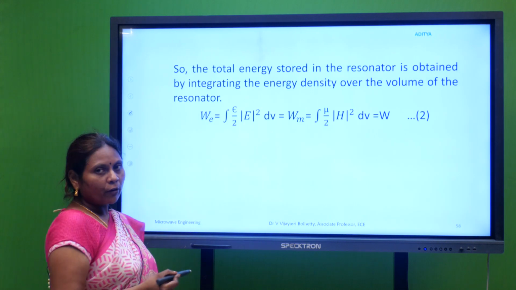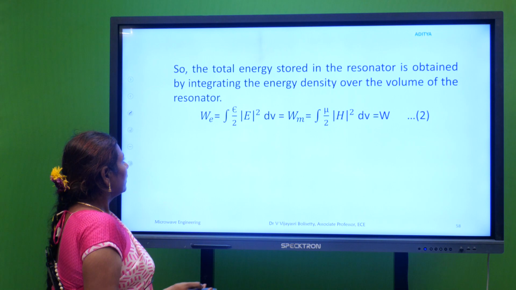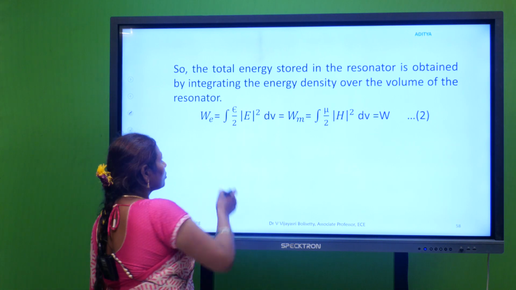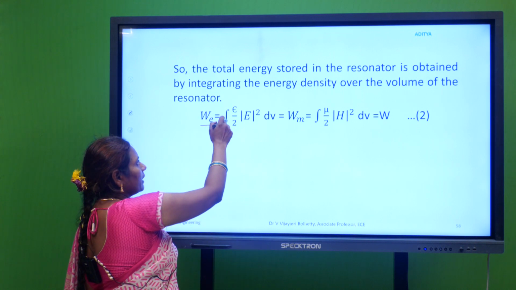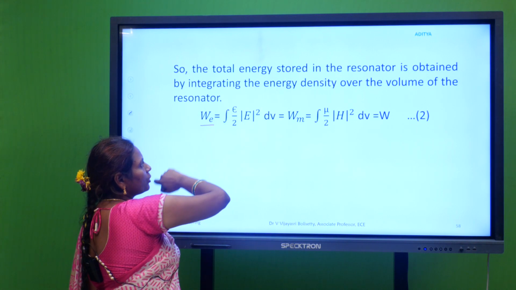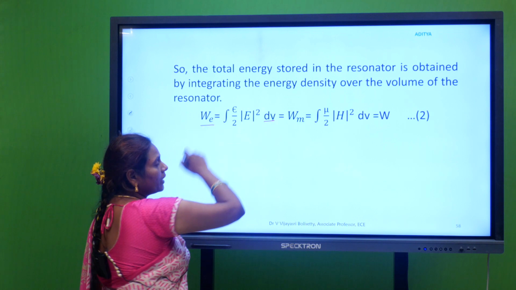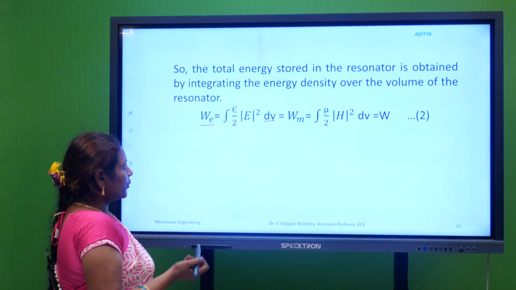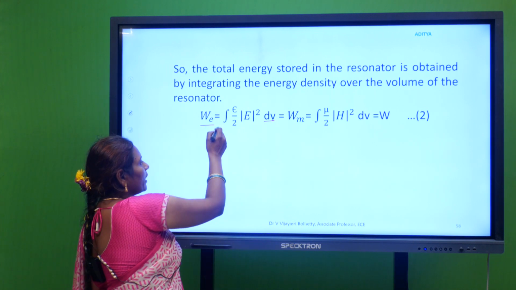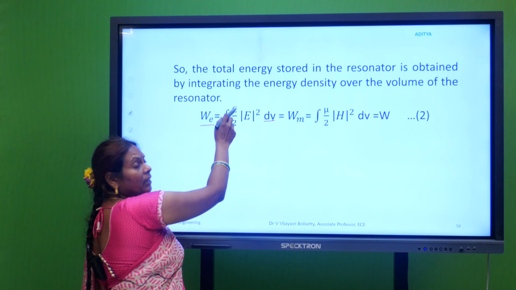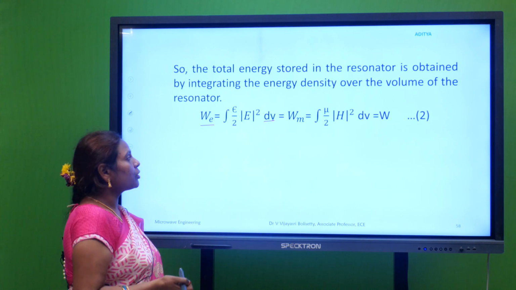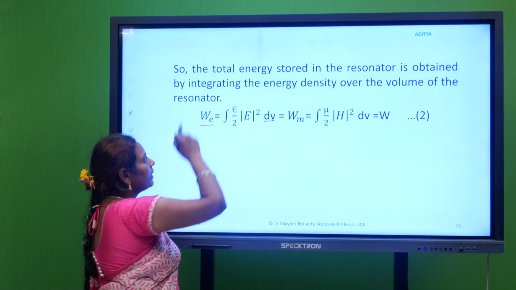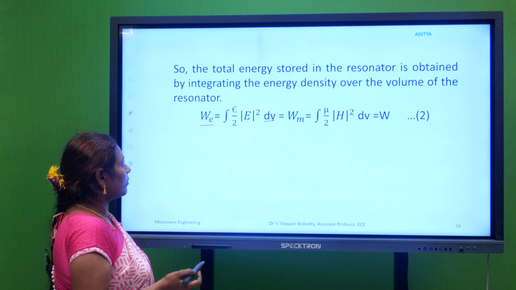So how are we going to define the electrical energy or the magnetic energy? The energy stored due to the electric field we define as We = integral of epsilon by 2 times magnitude of E square, integrated over the volume. If it is a rectangular cavity, then we get integral 0 to A, integral 0 to B, integral 0 to D. All the dimensions we consider, and we integrate E square over the intervals.